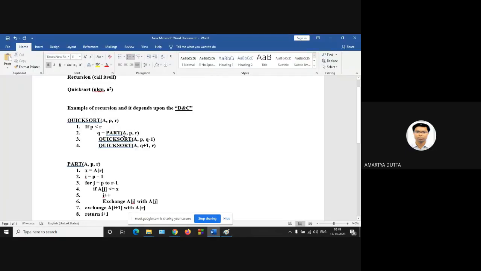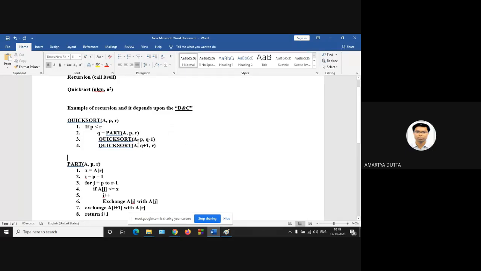Now, partition. This partition will be stored in the variable q. Then these lines 3 and 4 under the quick sort function represent the recursive call.